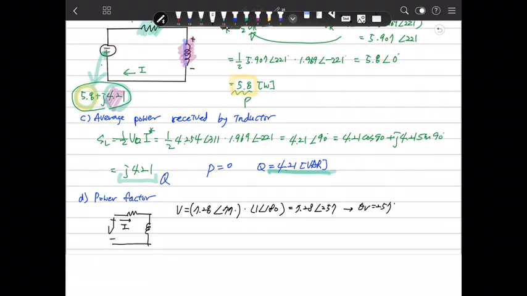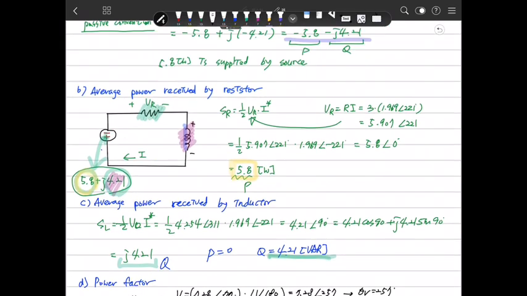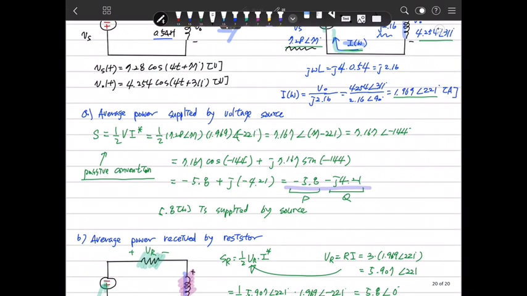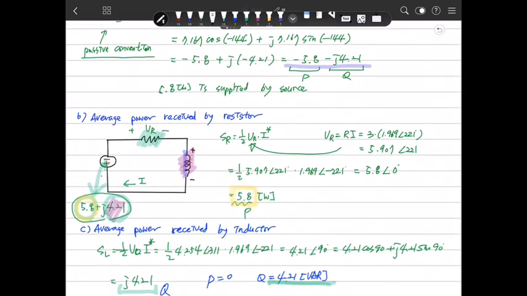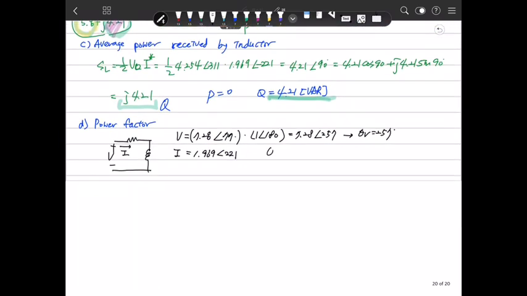So we know theta V is 257 degrees, and the current was 1.969 at minus 221. Actually not, this is positive, I mean this is 221. We can calculate that value from here. So theta I is 221.